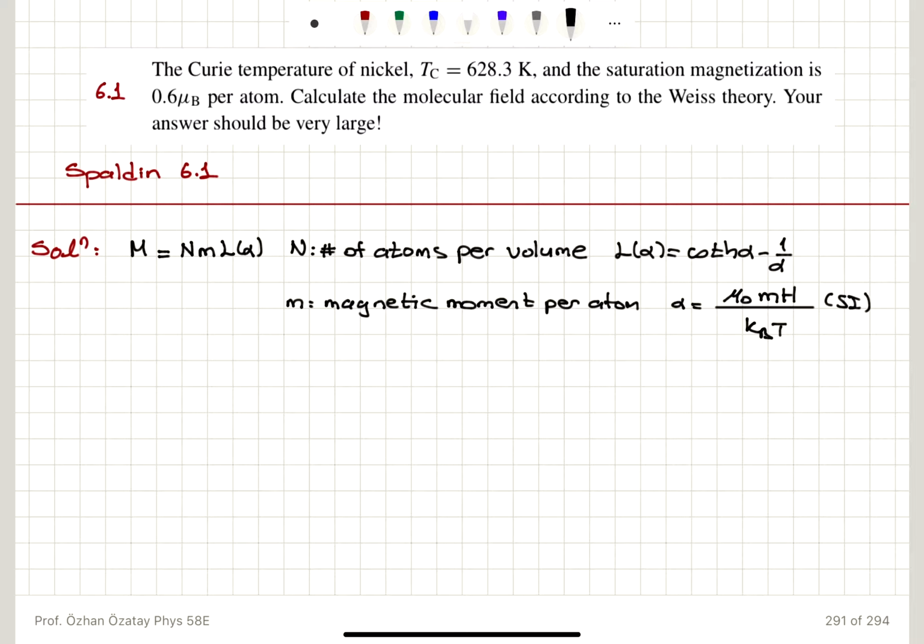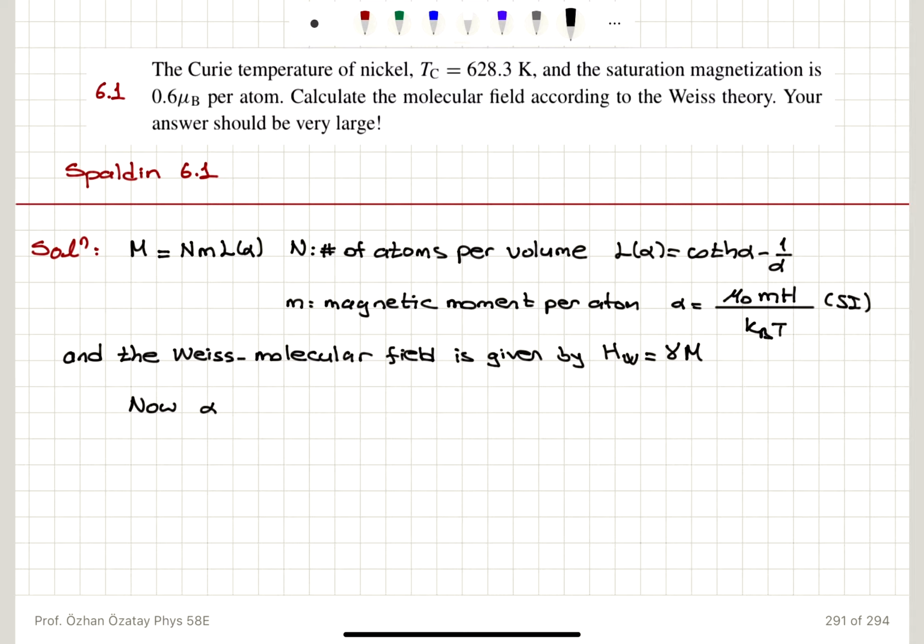And here, if we combine the Langevin theory with the Weiss theory, the Weiss molecular field is given by Hw equals gamma, the molecular field constant, times the magnetization M. And now we have alpha equal to mu0 m times the Weiss molecular field, divided by kT, when the magnetic field is the Weiss molecular field.